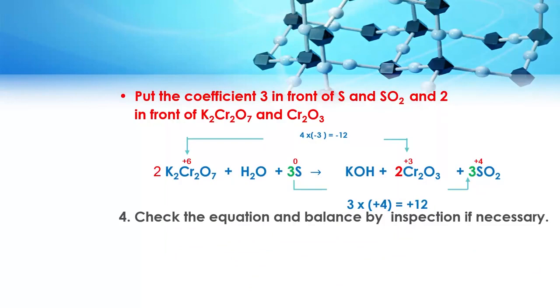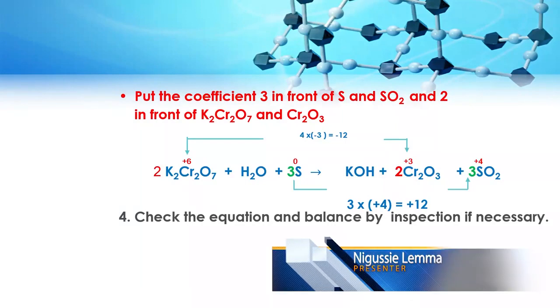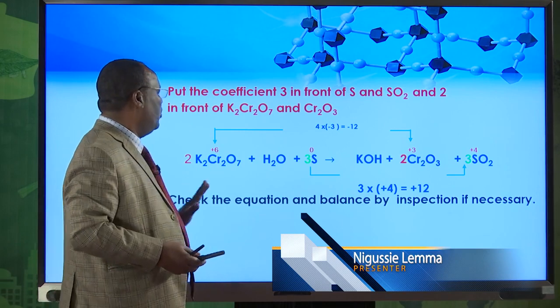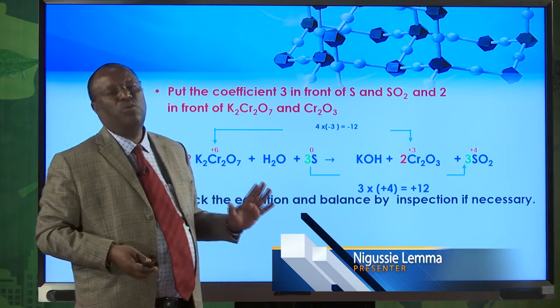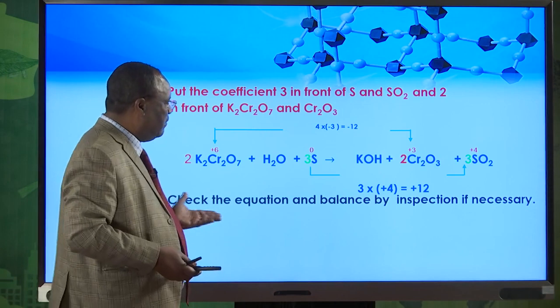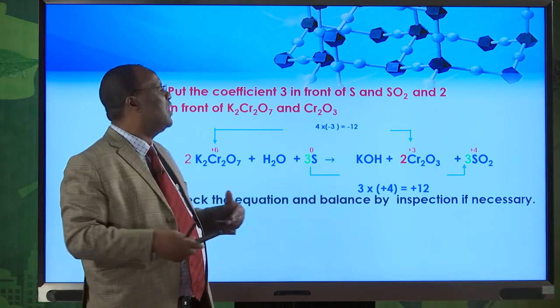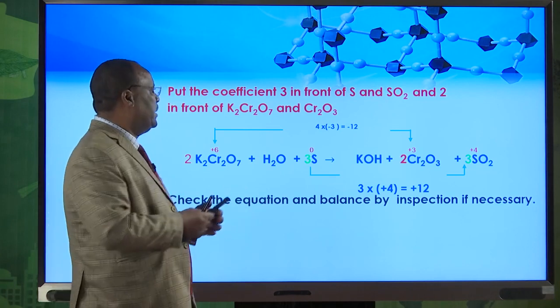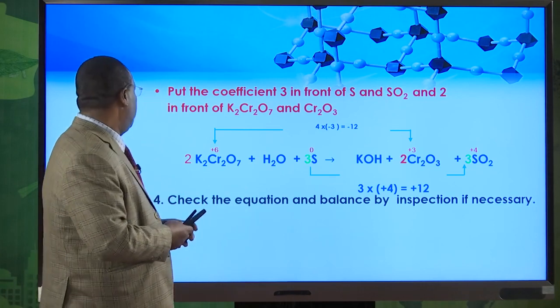So we put 2 in front of these formulas, 3 and 3, 2. Now we should check whether the equation is balanced or not. If it is not balanced, we use the inspection method.